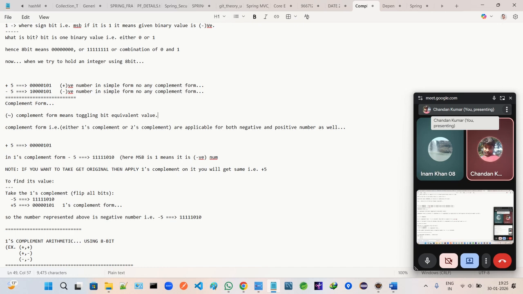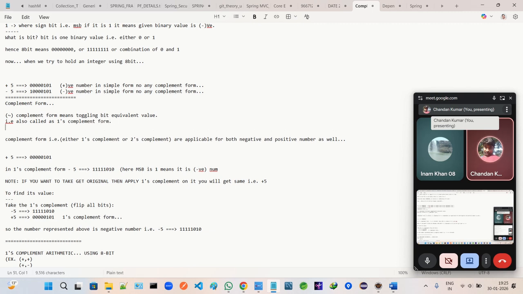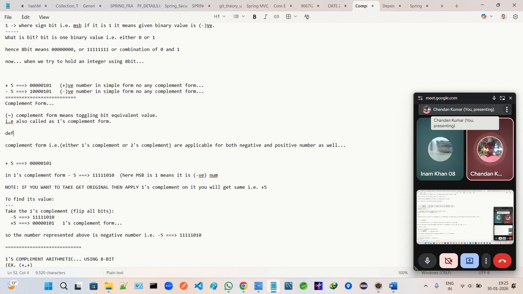Complement form. That is also called one's complement form. Clear? Definition.